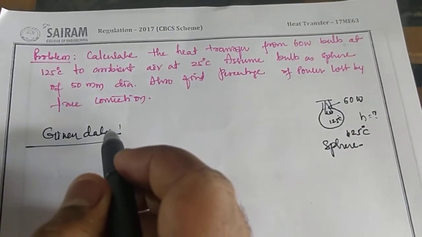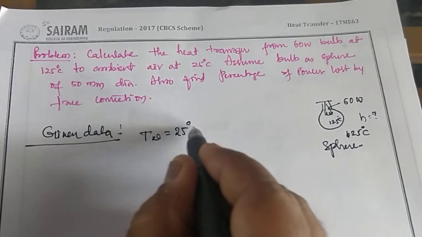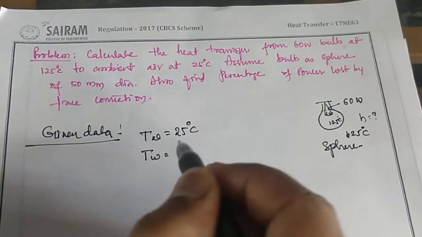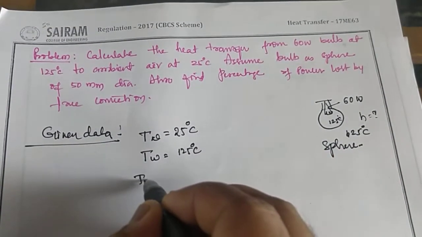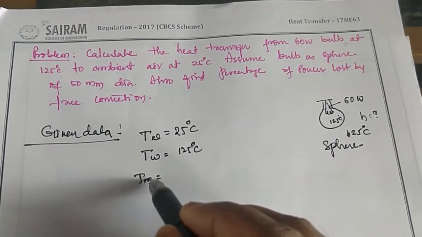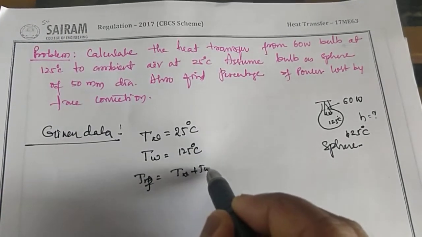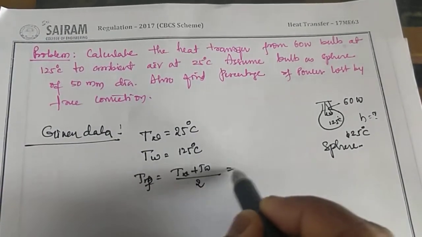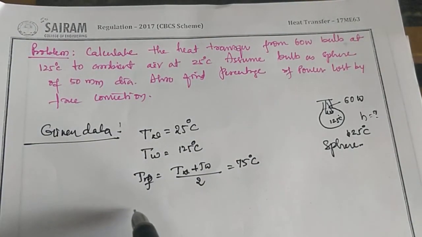The atmospheric temperature is 25 degrees centigrade, and the wall temperature, the bulb temperature, is 125 degrees centigrade. The mean film temperature TF is T infinity plus TW divided by 2, which is 75 degrees centigrade.